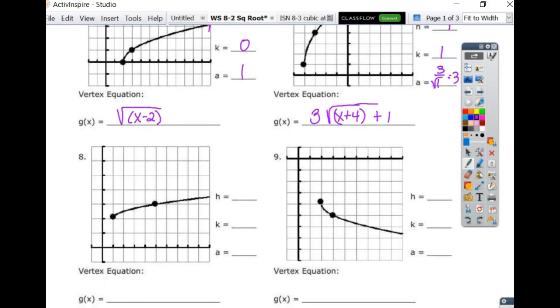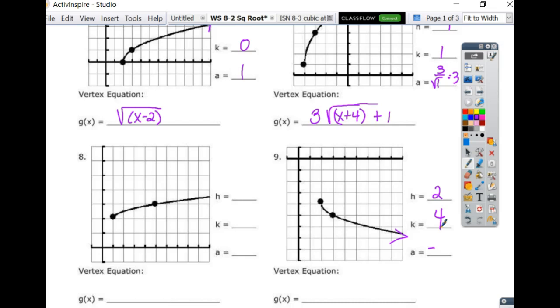So what about this one? Which way does this arrow point? Down. So this time, it's a negative. Then I went over how many? 2. How many did I go down? 4. So now I want to do rise over run. 1 and 1, it's still 1. But where does this negative go?